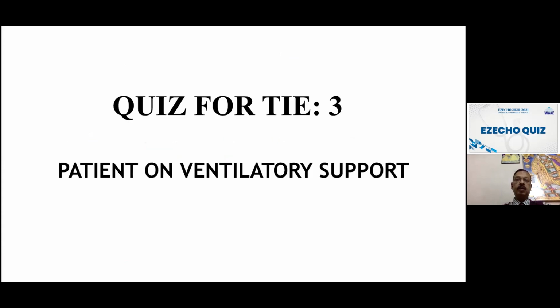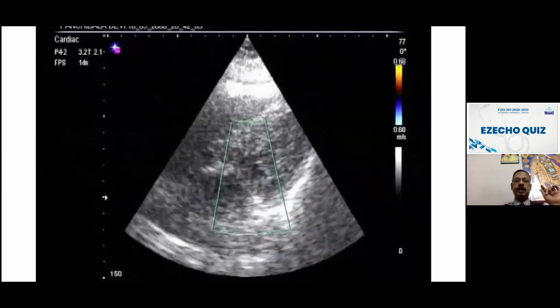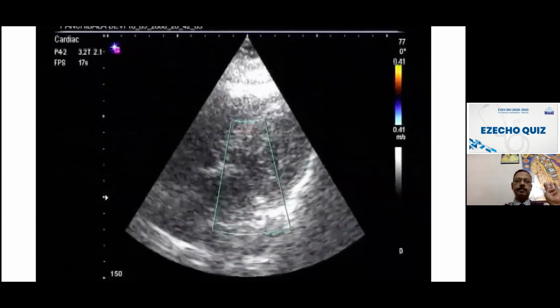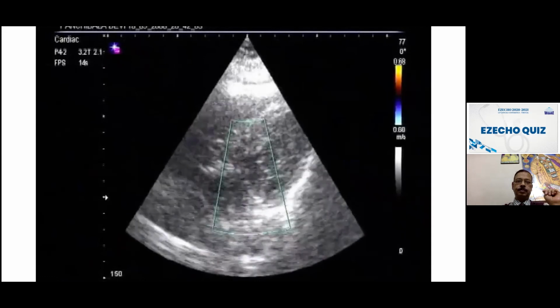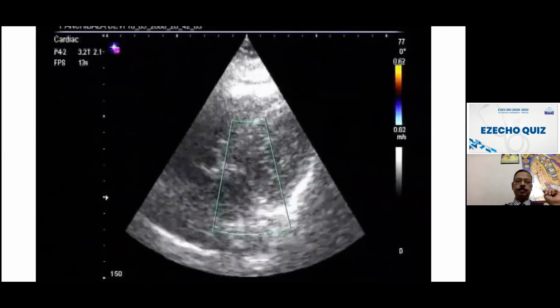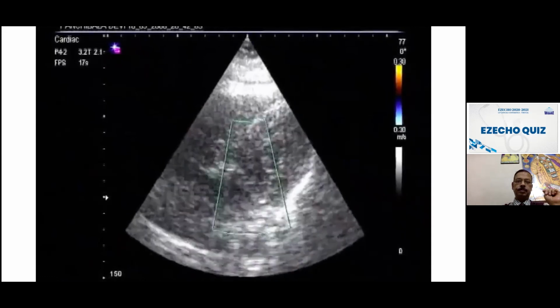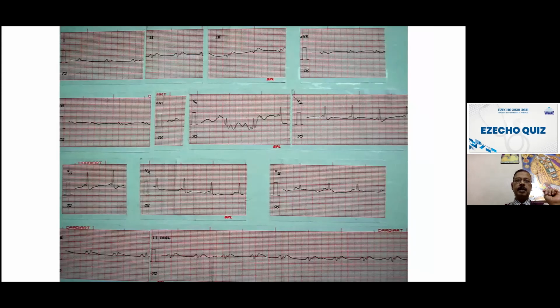Now the quiz for type 3. This is a patient on ventilatory support. I'll show you the echo clip and ECG clip and you give the diagnosis. This is the echo clip. And this is the ECG.